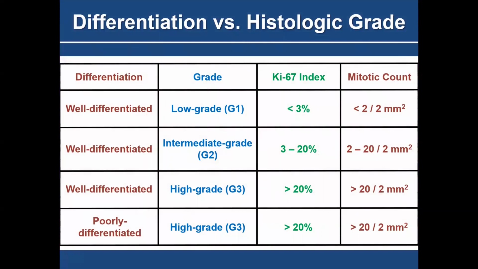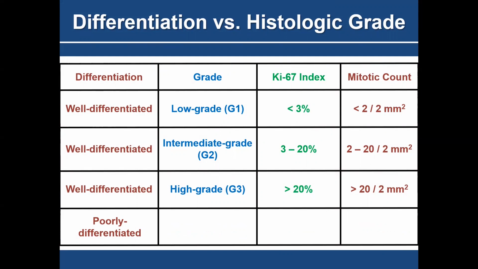Now, in addition to determining differentiation, I mentioned the concept of histologic grade. In previous editions of the WHO and AJCC, histologic grade was assigned to both well-differentiated pancreatic neuroendocrine tumors and poorly differentiated pancreatic neuroendocrine carcinomas. However, in 2017, the WHO removed the histologic grade from poorly differentiated neuroendocrine carcinomas.